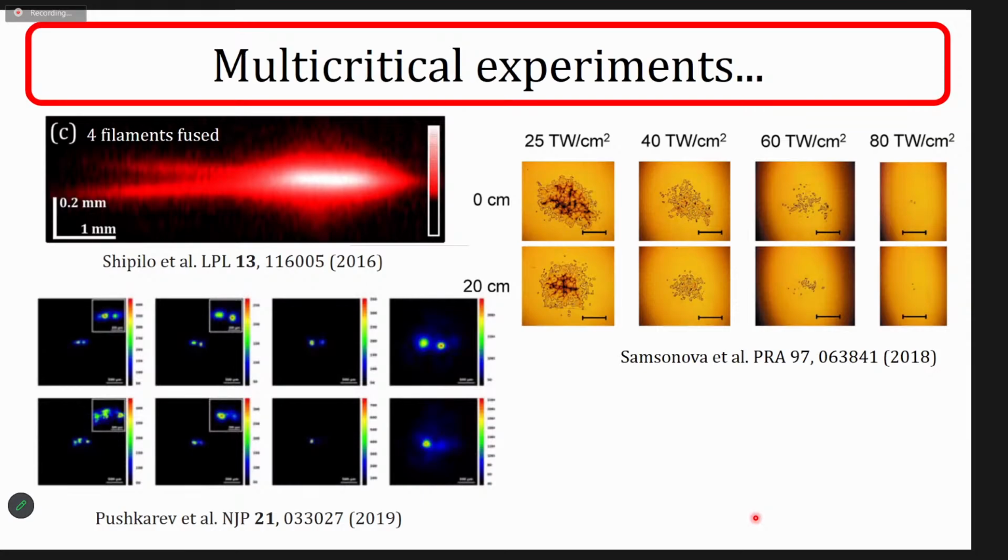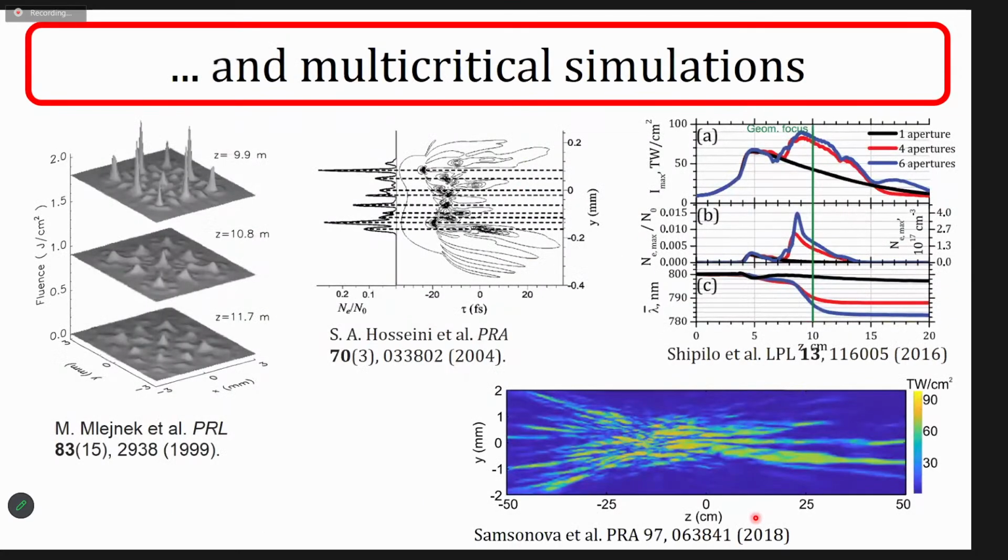So there were quite many experiments, and as well quite a number of simulations, most of which were carried out with only a few filaments. Actually, if we desire time dependence in our simulations, it is a 4-dimensional task, which is quite hard to simulate.